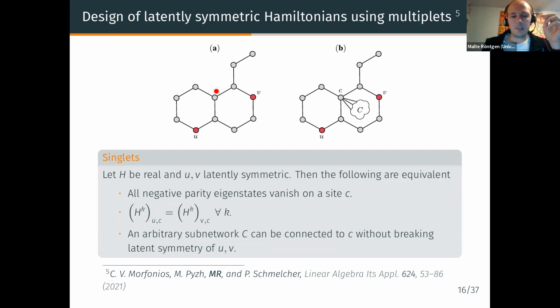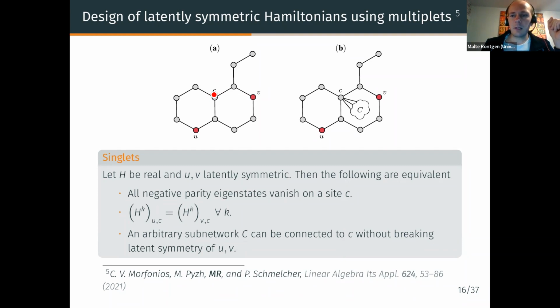But since in any matrix power the off-diagonal element UC is equal to VC, and since U and V are excited with negative parity, this excitation can never reach this site C. So in other words, if we do this anti-symmetric excitation of U and V, no matter how long we wait, there will never be any amplitude on this site C.